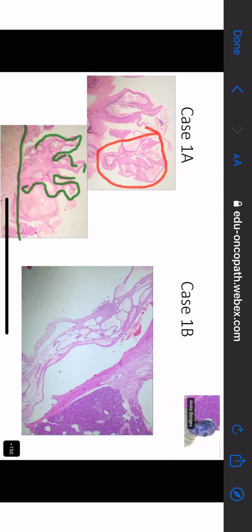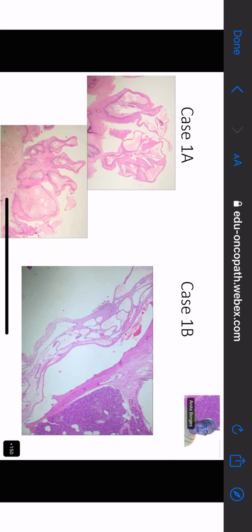Okay, yes. Well, I think that there is some doubt about whether there are papillae in this thing at all. Okay, what is it actually that is happening over here?